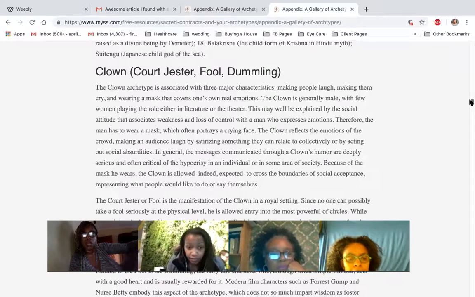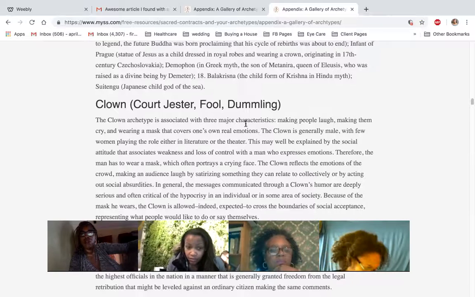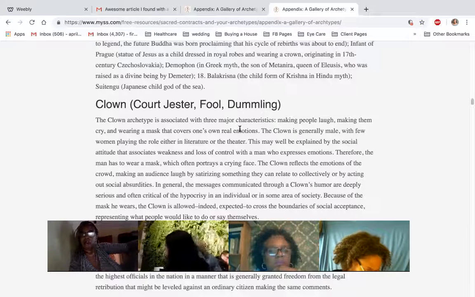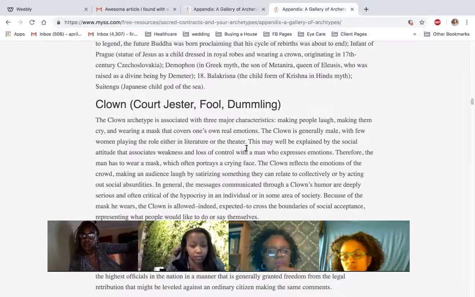So if you're a clown, court jester, fool, the clown archetype is associated with three major characteristics: making people laugh and making them cry, playing the role in literature or theater, weakness, loss of control, emotions, right?